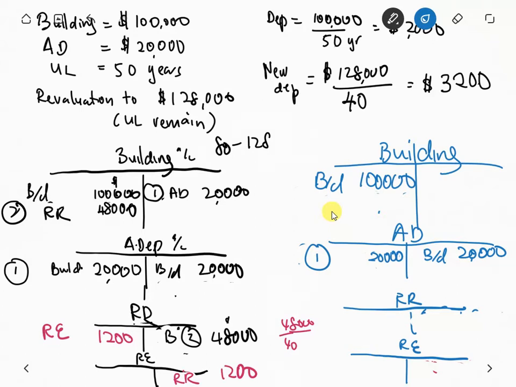What do I do? Plus how much? Plus 28. So debit 20,000, debit 28,000, credit to RR how much? 48, same. Debit, debit, credit. One entry settle everything.